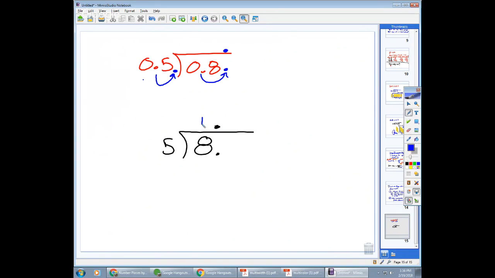Once. 1 times 5 is 5, subtract, get 3, and then we fill in zeros. And since we know where the decimal goes, we don't have to worry about that fractional part anymore. Now I can just think about it as if it's 5 going into 30. How many times is that? 6 times 5 is 30, and we're done. So we get 1 and 6/10.